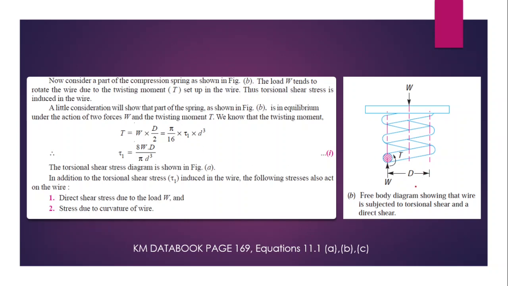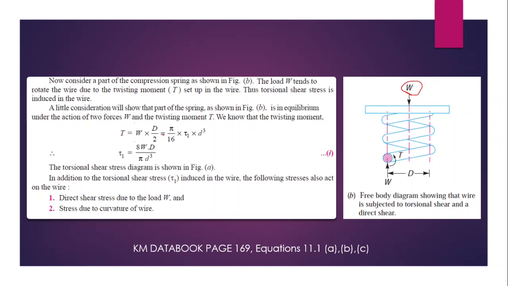There is another force, our external load acting on the spring coil, that is equal to W. Under the action of these two forces, W and twisting moment T, this particular portion is in equilibrium.